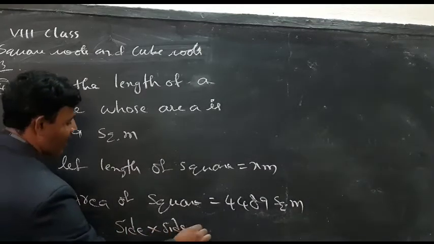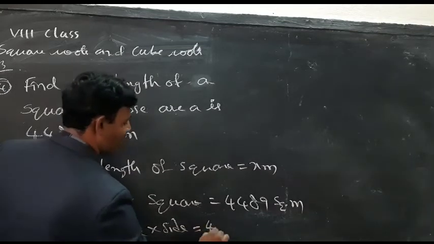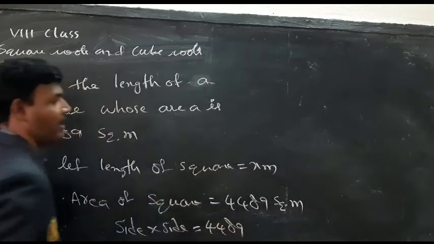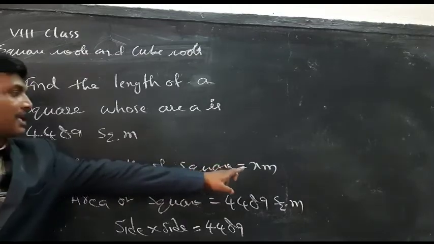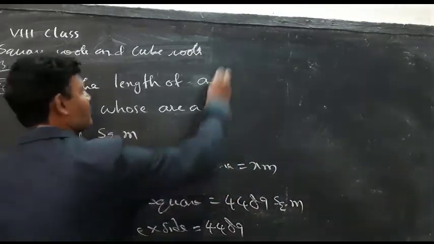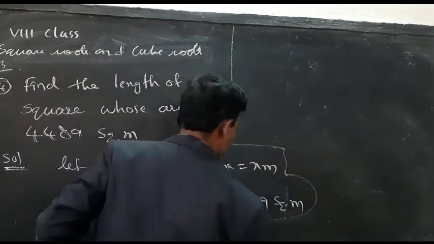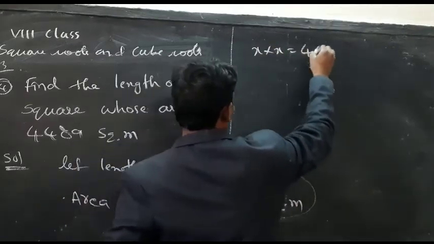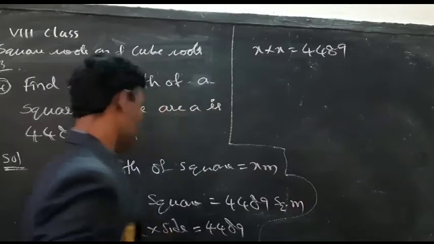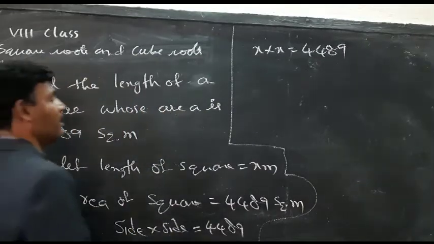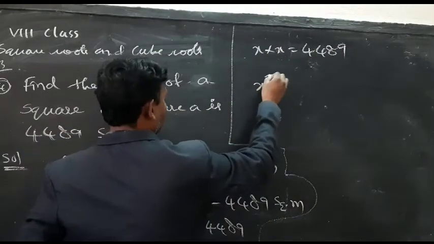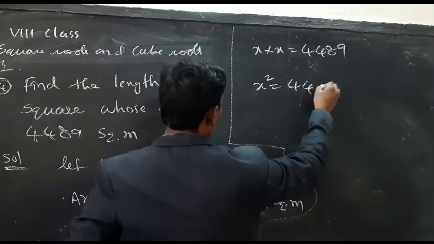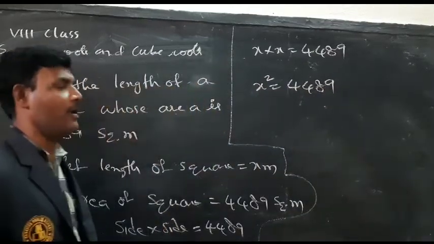The area of a square formula is side into side is equal to 4489. So I took the side as x. So we can write x into x is equal to 4489. x into x is nothing but x square. x square is equal to 4489.